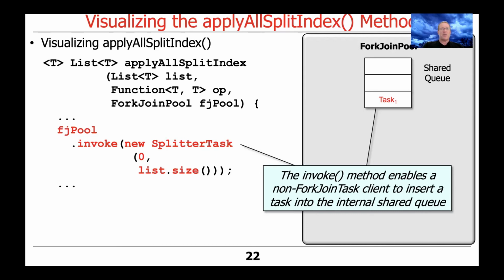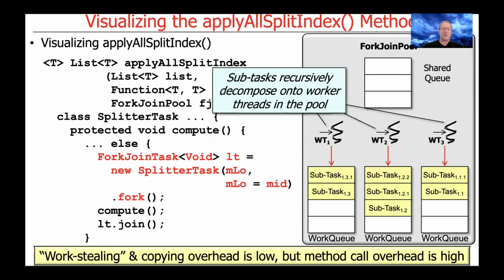So as you can see, in the non-fork-join client thread, we call invoke and pass in the enclosing splitter task, the one that has all the elements in it. And that will be put onto the shared queue in our fork join pool.